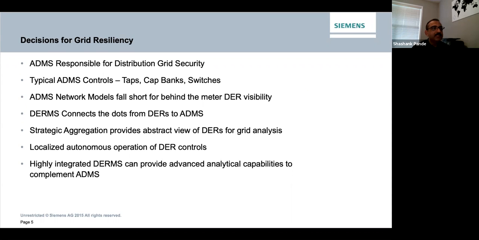The DERMS, there is a lot of talk about DERMS, and different entities we have seen have somewhat different ideas about DERMS, and in some cases we have seen that the gaps that ADMS has, the expectation is that the DERMS should address or fill those gaps. But our view of this local control versus centralized control or distributed control aligns with what Hussein said.